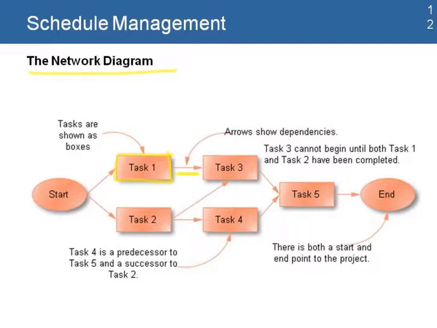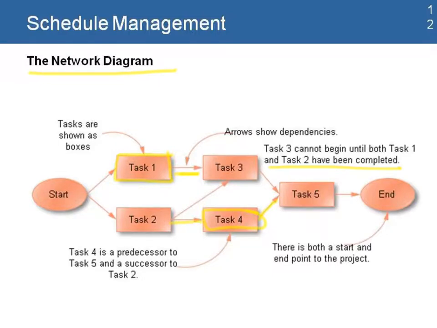The dependencies tell me when something needs to happen, and how things flow in a project. Like task 3 cannot begin until both task 1 and task 2 have been completed, or task 4 is a predecessor to task 5 and a successor to task 2.